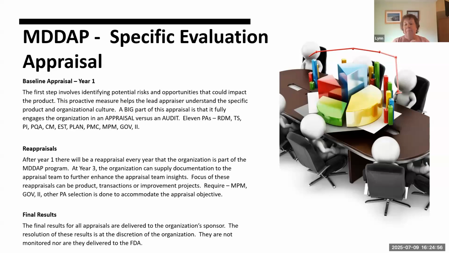The last thing on here are the final results. After every appraisal, we come up with a final results deck. If you've done appraisals, and I saw there are a number of lead appraisers on there, that's the final results that you give to the sponsor at the end of that appraisal. We do the same thing here. However, here it is strictly the sponsor's final results.